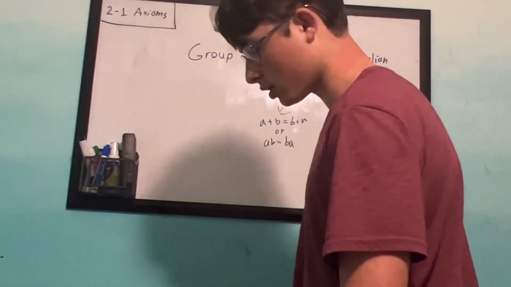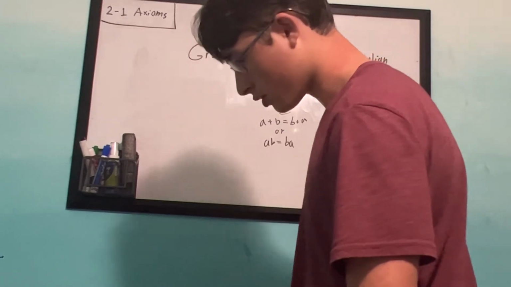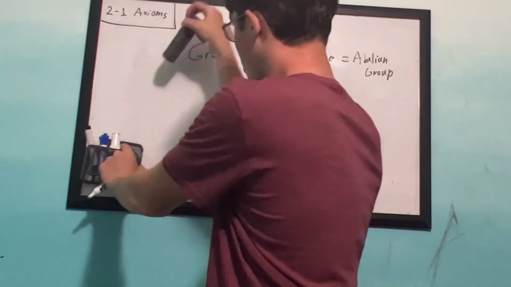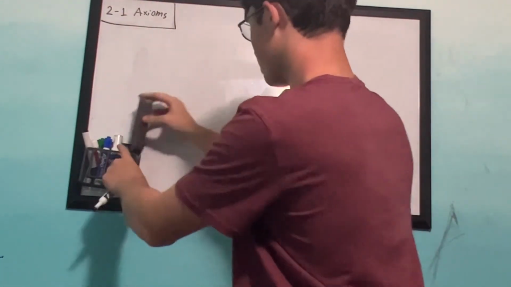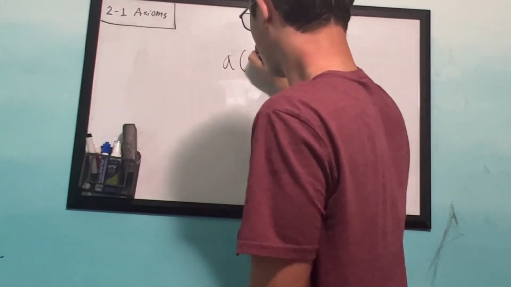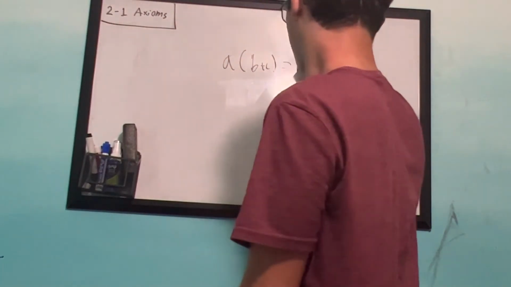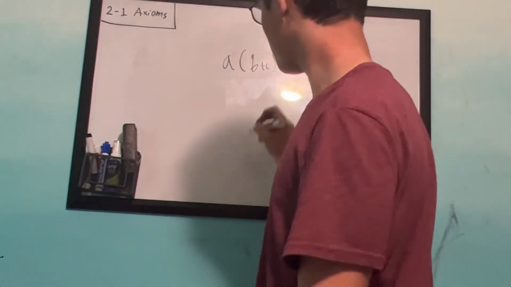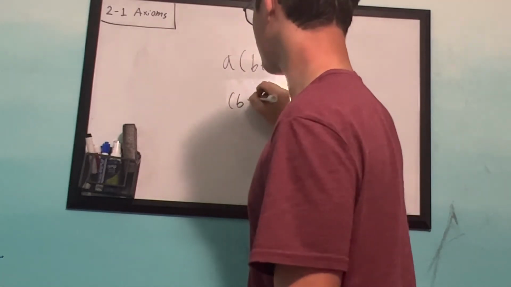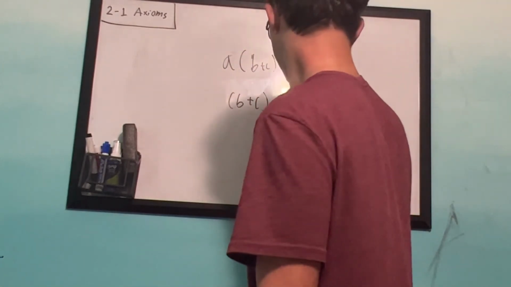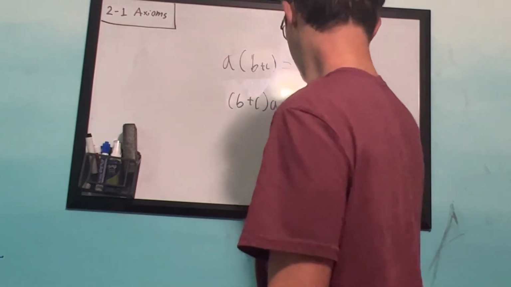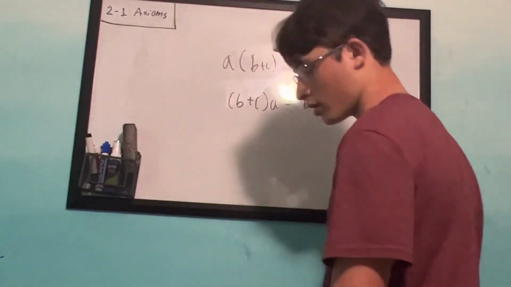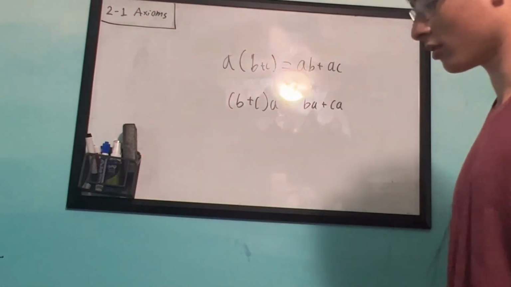And lastly, if you can distribute over your binary operations, so you have your left distribution, or you have your right distribution. These are the same thing because we acknowledge the commutative property.